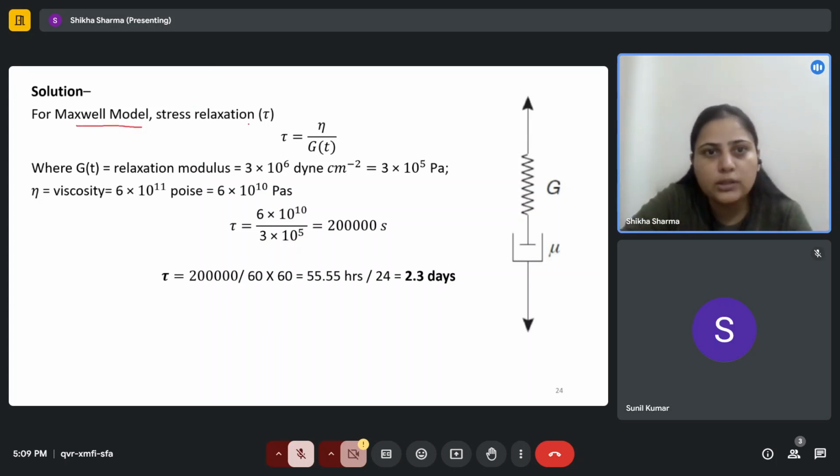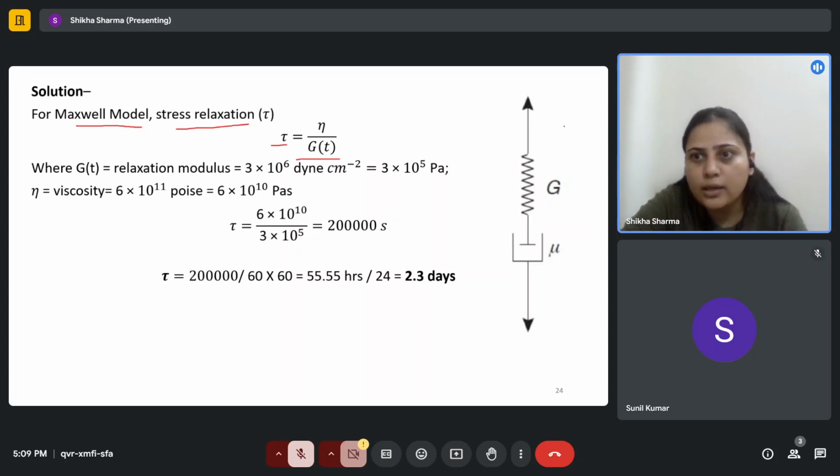For the Maxwell model, the stress relaxation time is equal to the viscosity divided by the stress relaxation modulus.